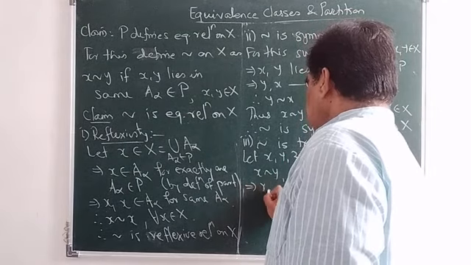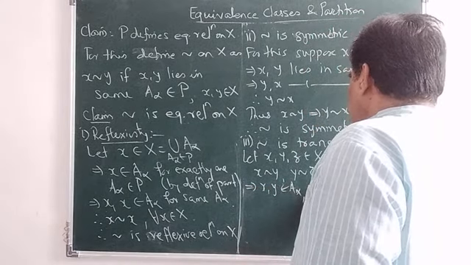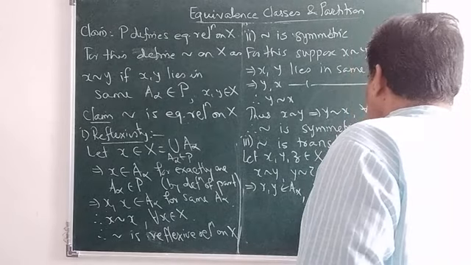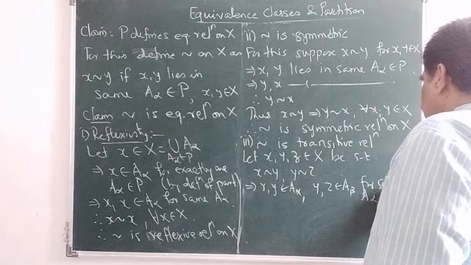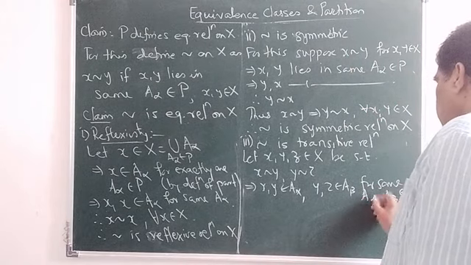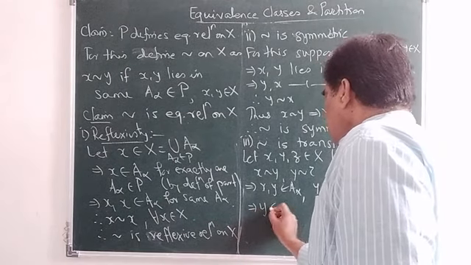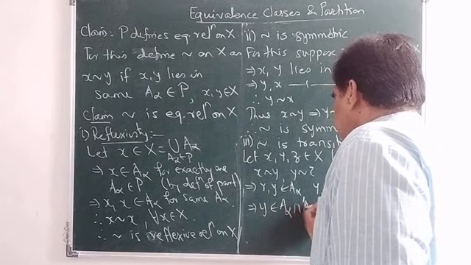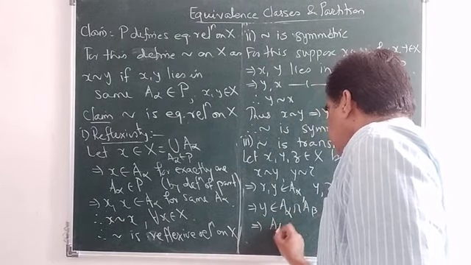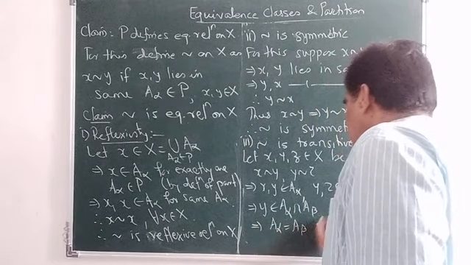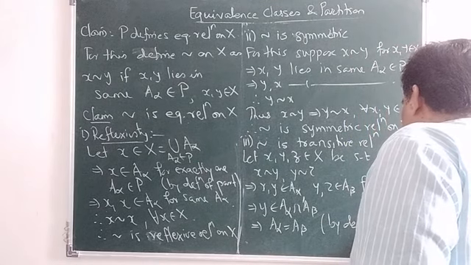This implies x, y belong to A alpha, y, z belong to A beta, for some A alpha, A beta belonging to P. Okay. This implies y belongs to A alpha intersection A beta, which implies A alpha must be equal to A beta by the definition of partition.